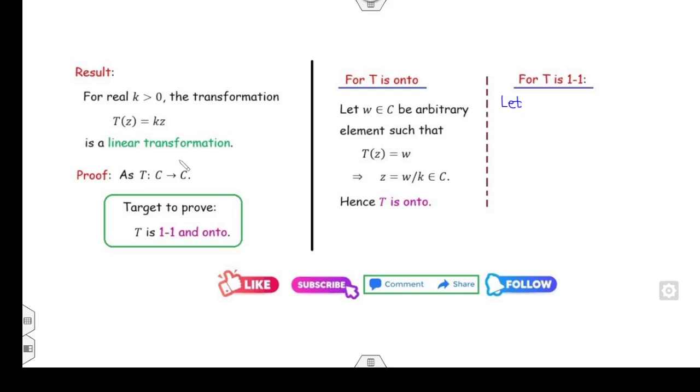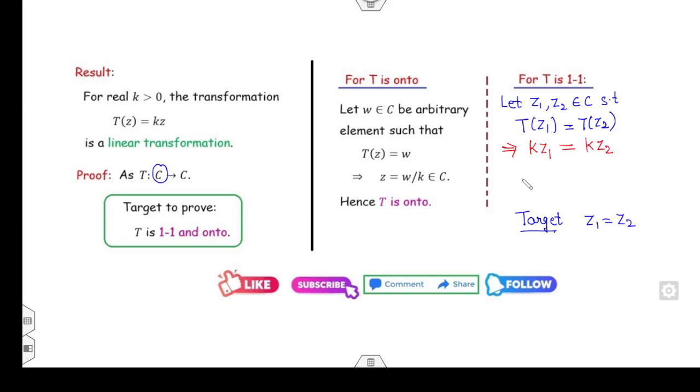I can take two elements from the domain. Let Z1 and Z2 belong to the domain such that their images are equal. Then what is your target? For one-one, your target is to prove the elements are also equal. You can substitute the value of T of Z, which is K of Z1, equal to K of Z2.